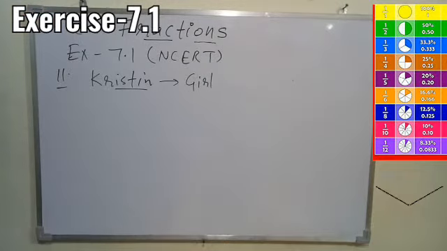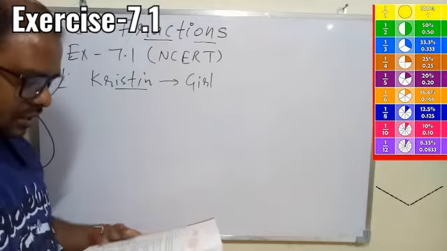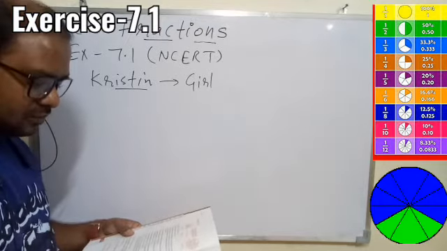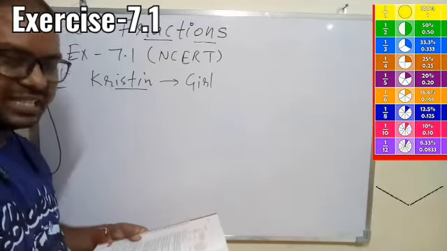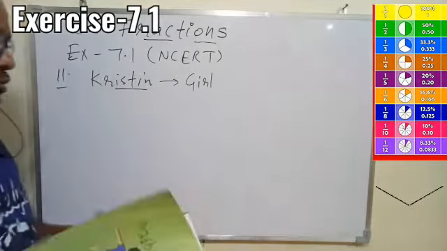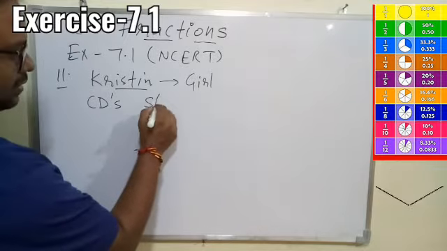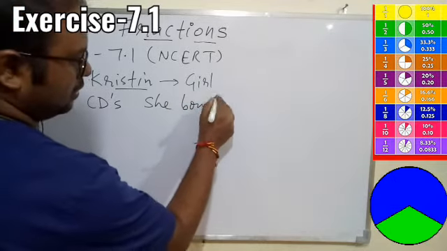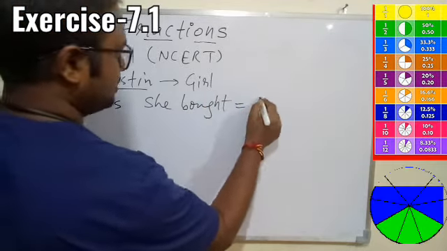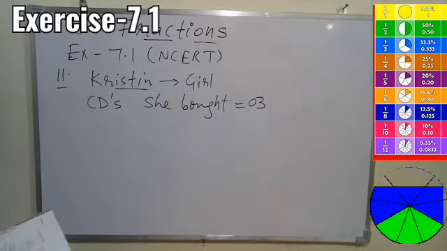She had a CD player, and for that CD player she purchased 3 CDs from the market, and 5 CDs she got as gifts also. So the CDs she bought is how many? That is 3. That is given to you.